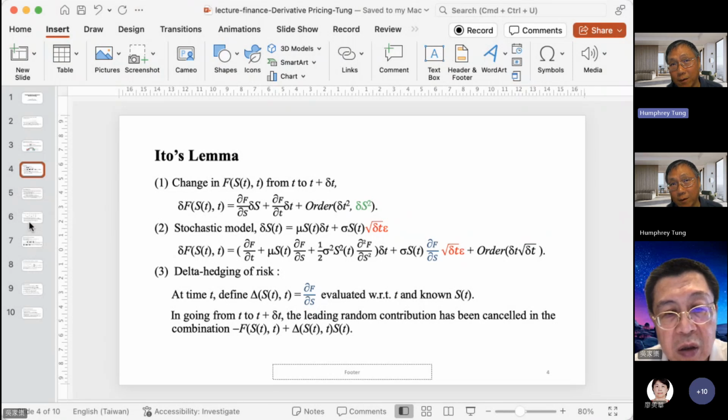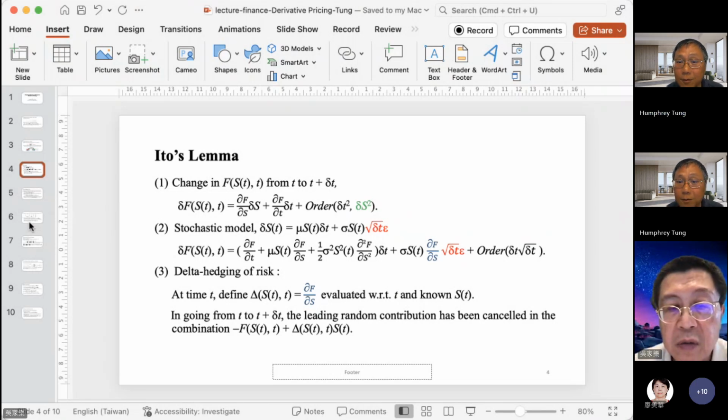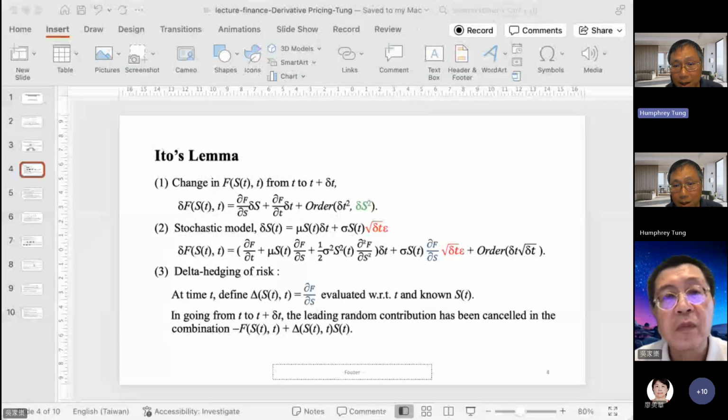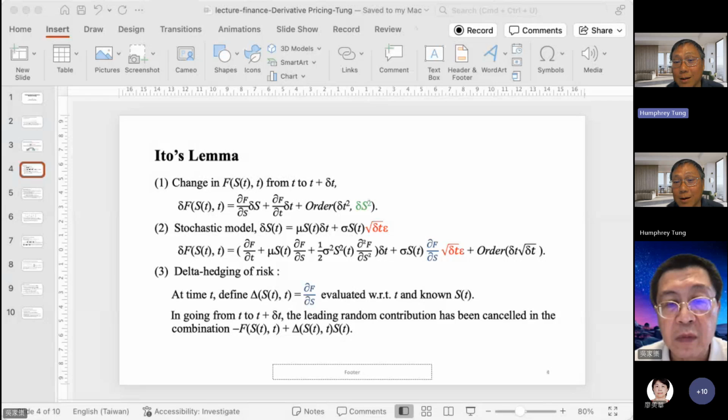For those options that you can see the price of in the market, your formula needs to be at least consistent with the market prices. We call that calibration. If you put in a constant sigma, with call options and put options in the market, you can only match one part, not the other. Usually you cannot do that.